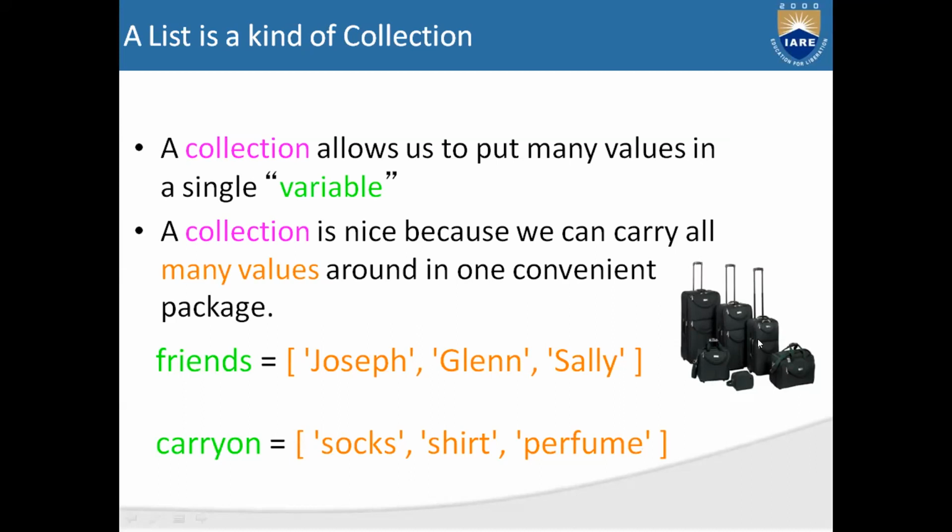Actually, compared with other languages, Python provides us a very flexible storage of elements in this list, right? So just understand, a list is a collection of elements. A collection allows us to put many values in a single variable.